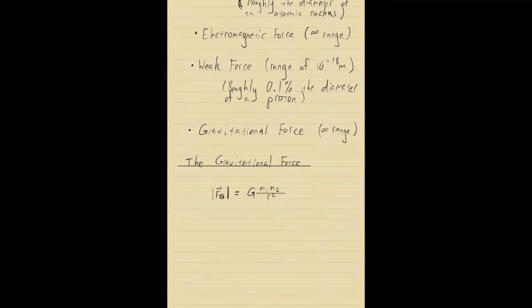So here, G is the gravitational constant, also called Newton's constant, and it has a value of about 6.67 times 10 to the negative 11 newton meter squared per kilogram squared. So newtons times meter squared divided by kilograms squared.